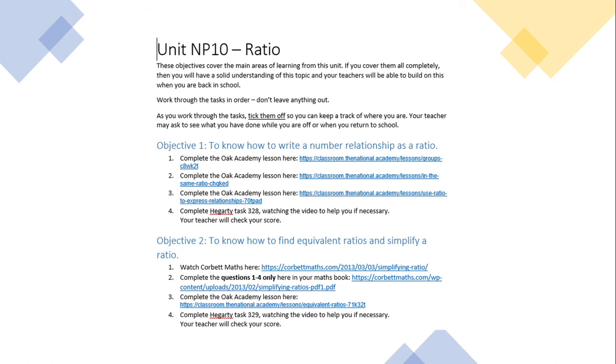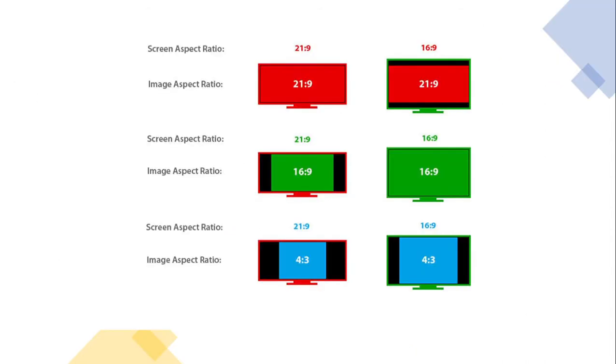Now for this unit, the first two objectives introduce you to the idea of a ratio, how to write a ratio, what it looks like, and how to simplify or find equivalent ratios. And you'll find a lot of this work very similar to what you've learned on fractions already, because ratios, like fractions, are just a way of explaining the relationship between two numbers that are linked to each other somehow.